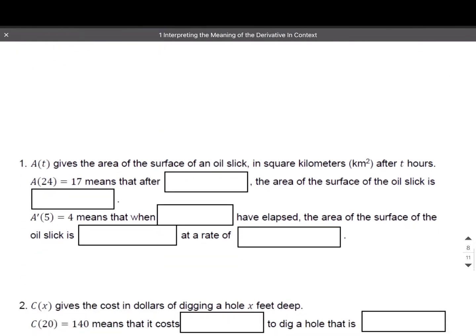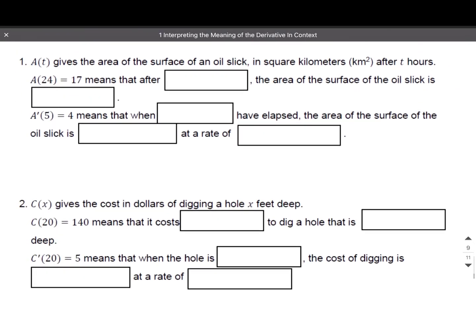Okay, now let's see if we can do some. A of t gives the area of the surface of an oil slick in square kilometers after t hours. A of 24 equals 17 means that after 24 hours, because our time t in here is 24, the area of the surface of the oil slick is 17 square kilometers.